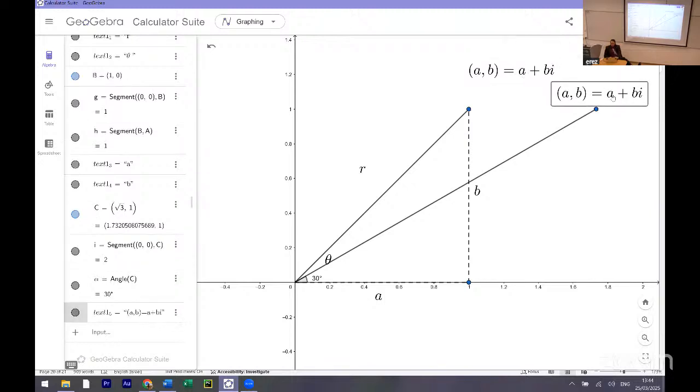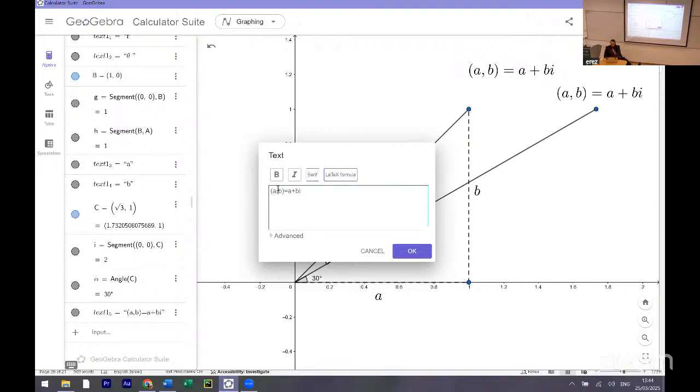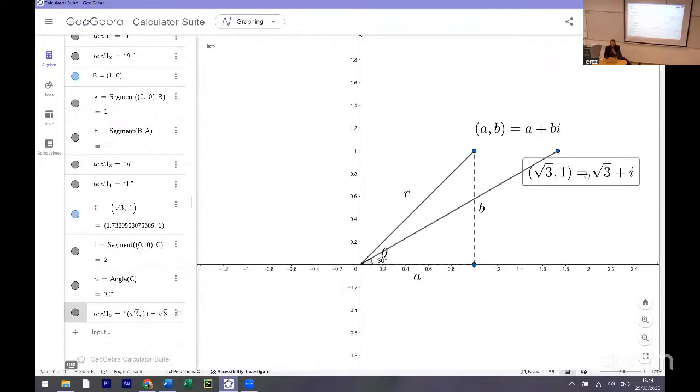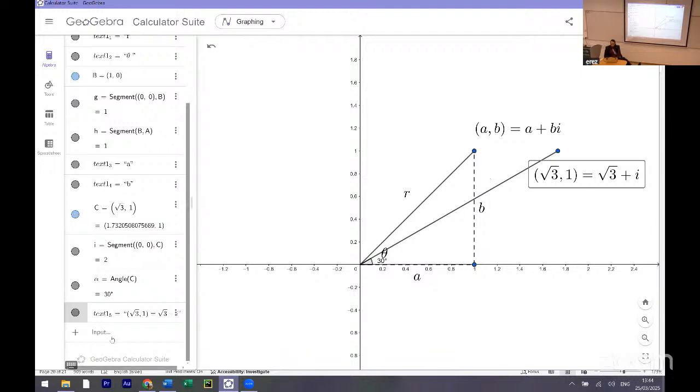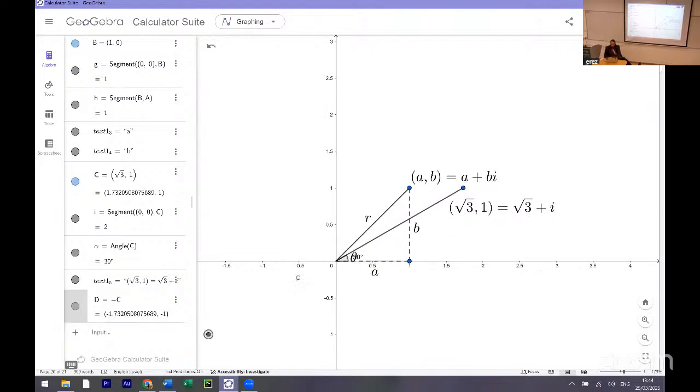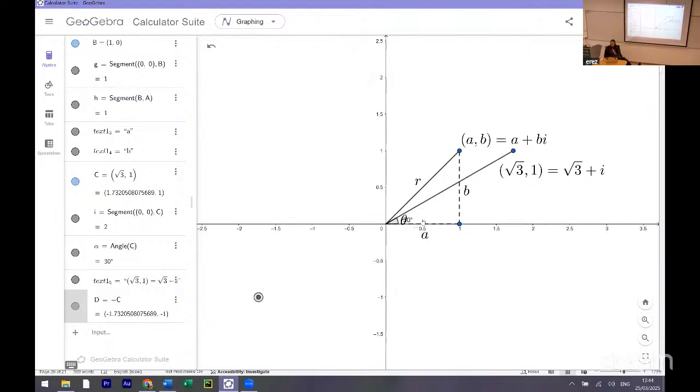So this is square root of 3 comma 1, which is the square root of 3 plus i. And its negative counterpart is minus, where is it? What is the angle?